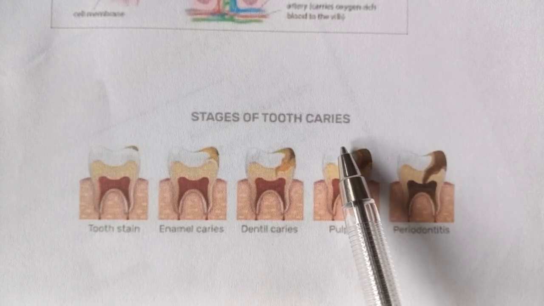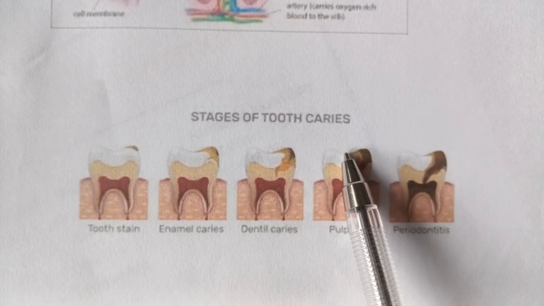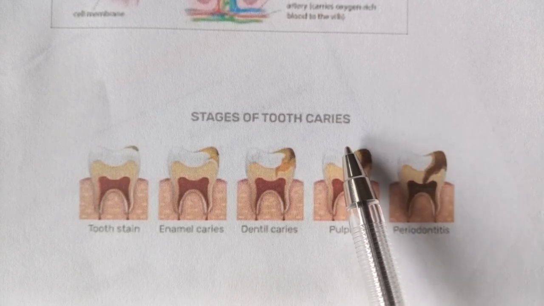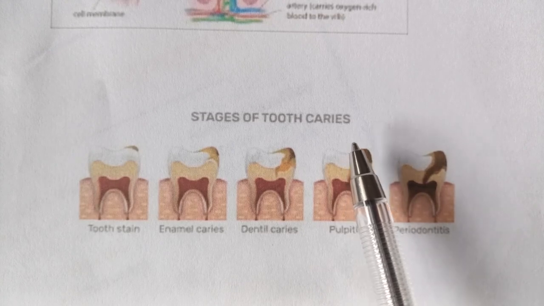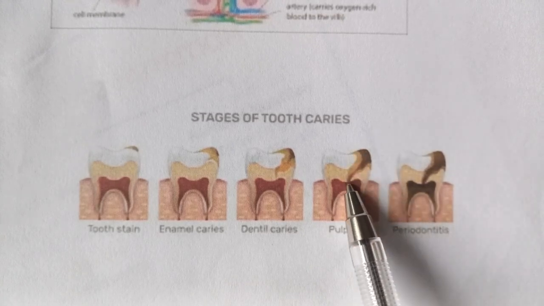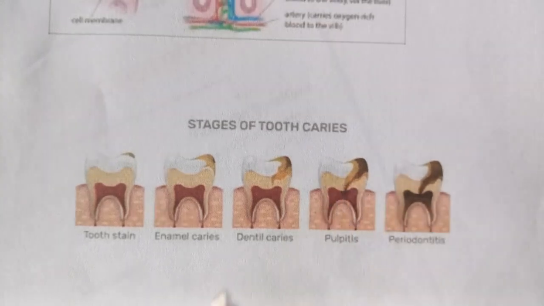If we brush the teeth after eating, it removes the food plaques before the bacteria can produce acid. And if we don't treat this, microorganisms can invade the pulp and enter inside, causing infection or inflammation.